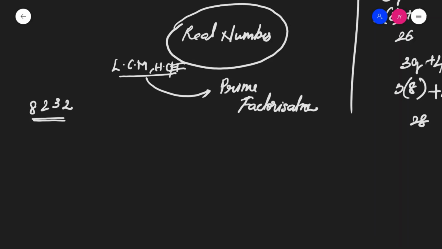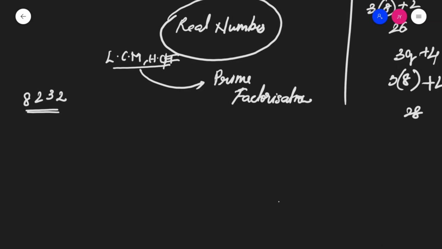So what is prime factorization? It is a factorization of a number only using prime numbers. So we'll make it like this, 8232. And what is the first prime number by which 8232 can be divided? 2.